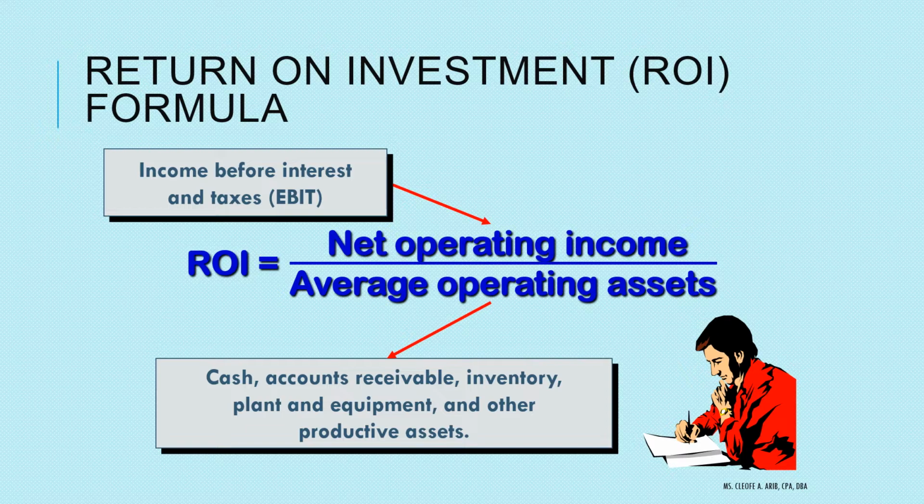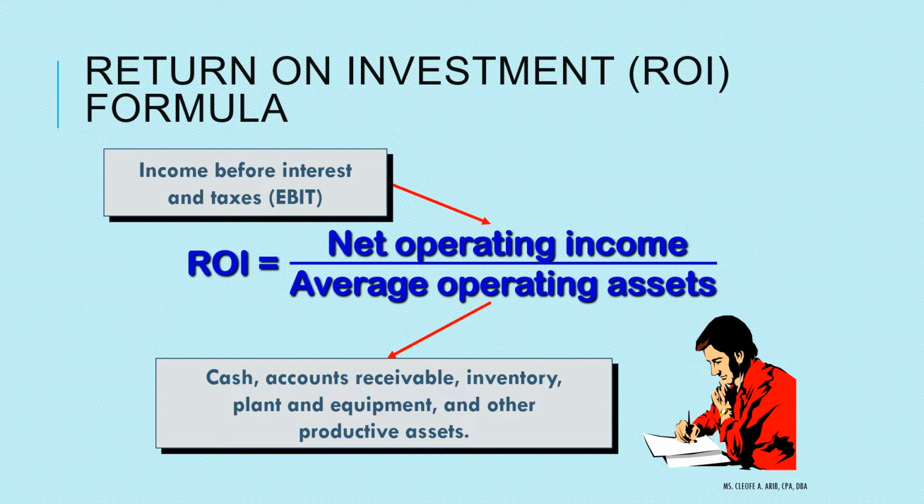Some financial statements use net operating income to describe income before interest and taxes. Although there are financial statements that really use income before interest and taxes, or EBIT, and instead of the word income, they use the word earnings. So, income before interest and taxes, earnings before interest and taxes, or net operating income, they mean exactly the same thing. That's your numerator, divided by your denominator, which is your average operating assets.